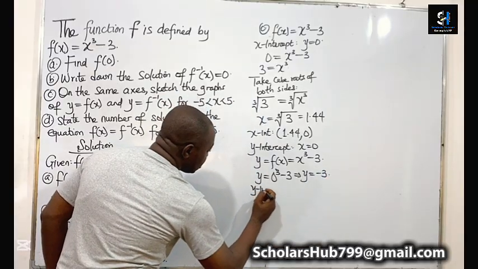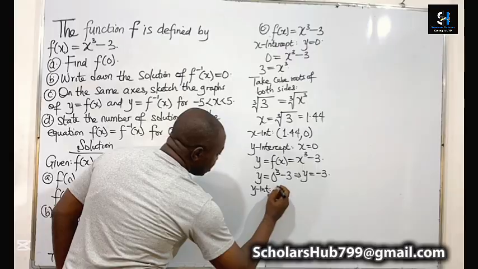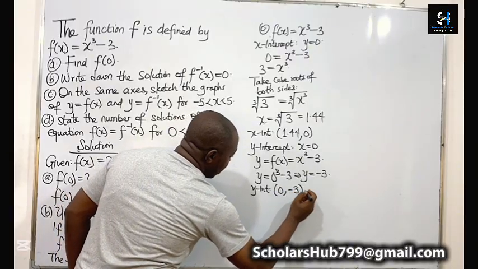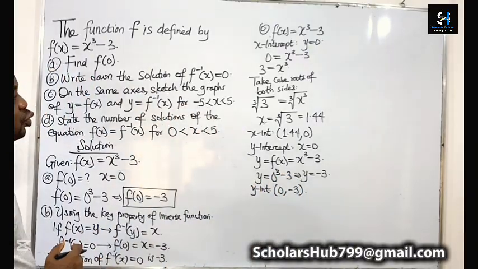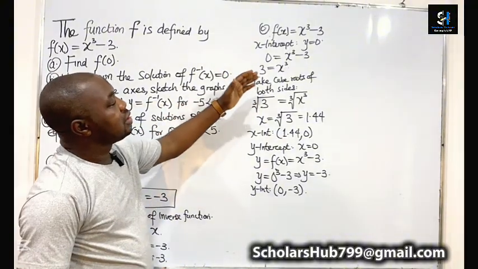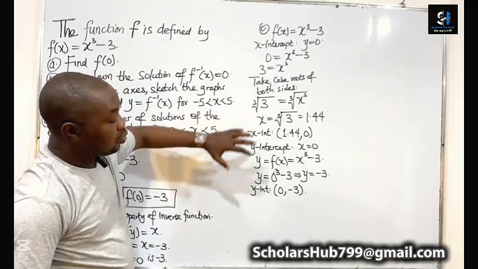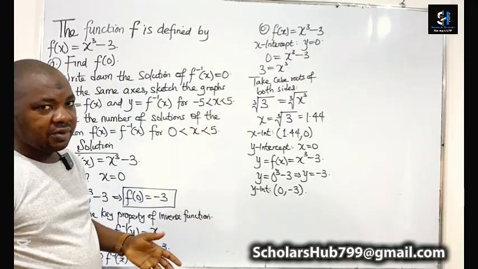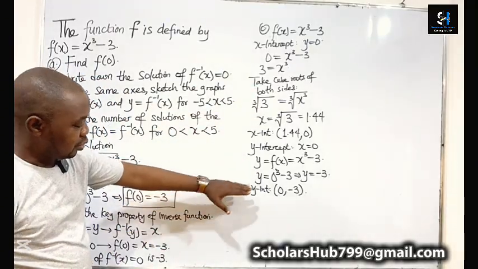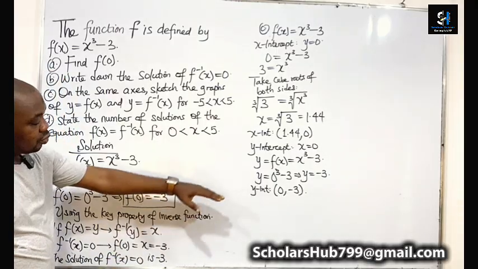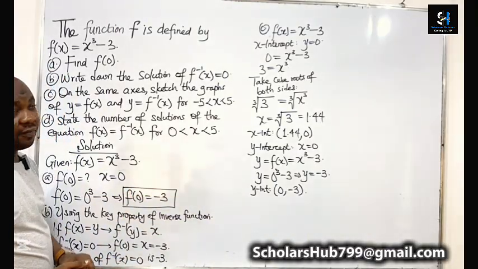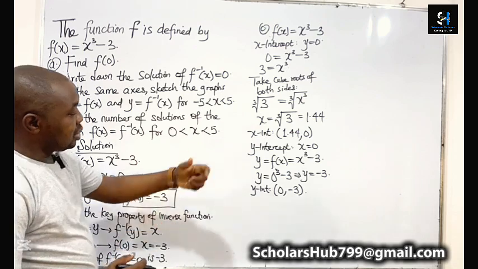So the y-intercept will be (0, -3). I'm going to use the x-intercept and y-intercept to sketch the graph. I don't want to use other values apart from these. All right.